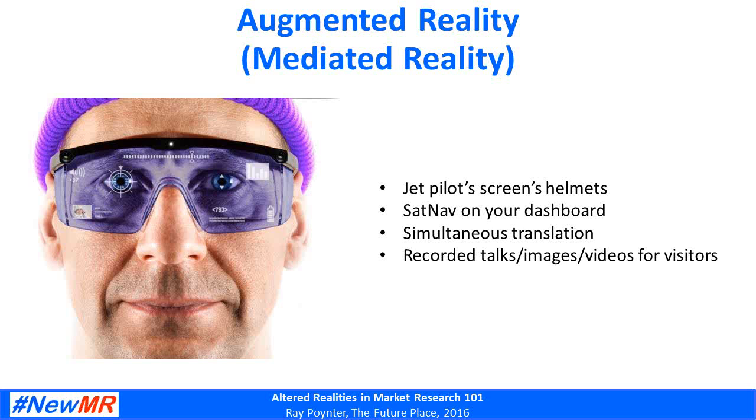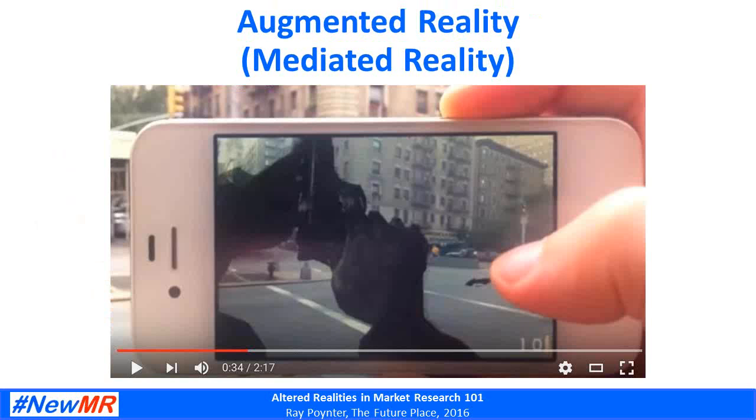And from a research point of view, probably the most exciting is some of the things that people are doing with smartphones. So here is an example of a game where it adds, and this could be zombies chasing you, a variety of things. You're in the real world, your smartphone can see the building behind, but then it superimposes you, the player, the zombies that are chasing you, and whatever.